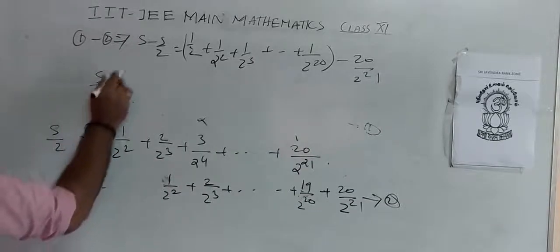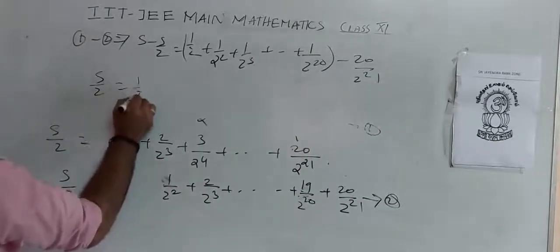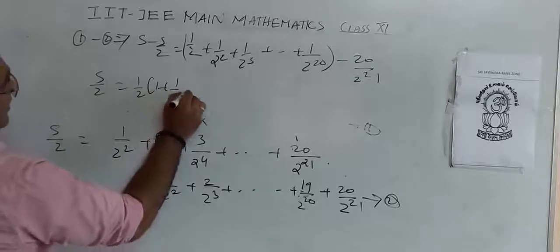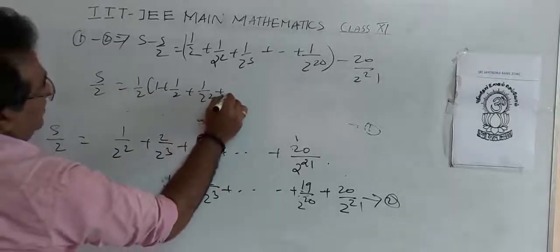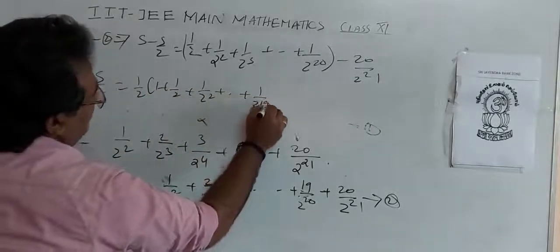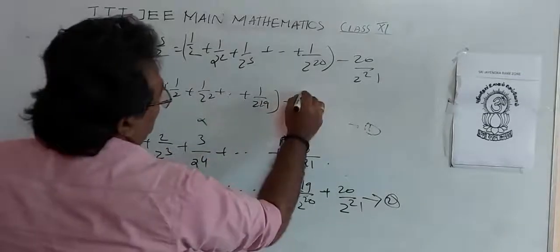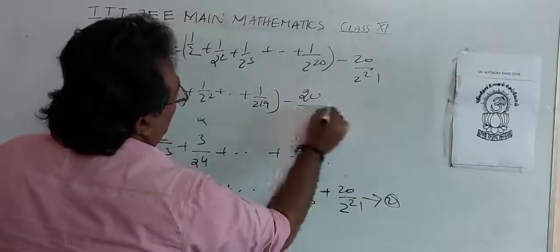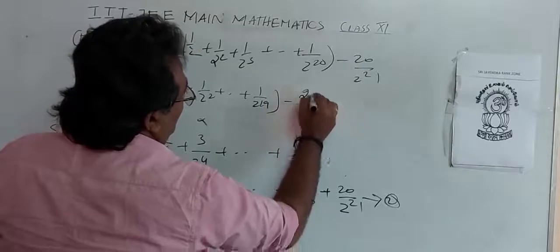Taking 1 by 2 in common, 1 by 2 plus 1 by 2 squared plus etc. up to 1 by 2 power 19, minus 20 by 2 power 21.